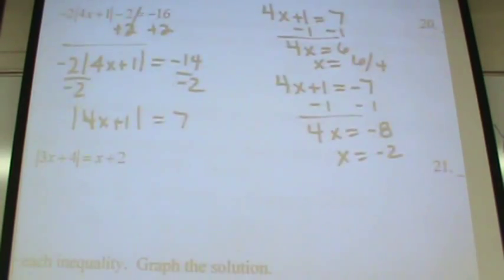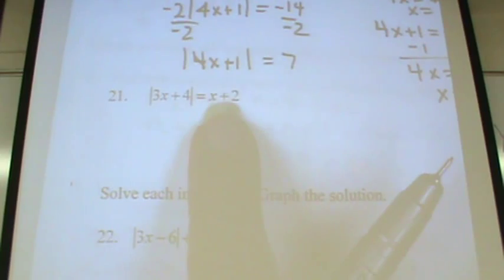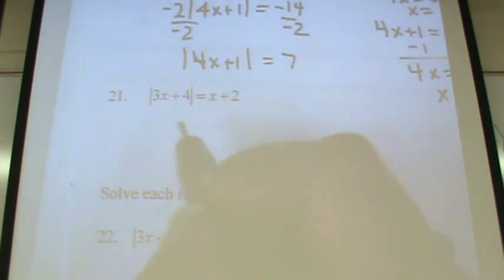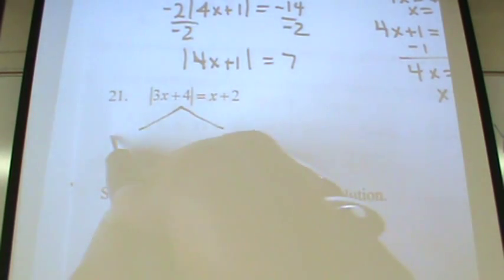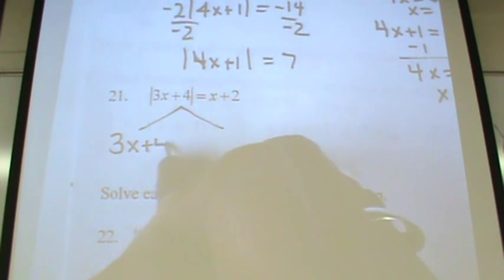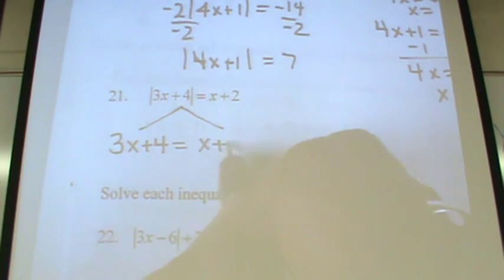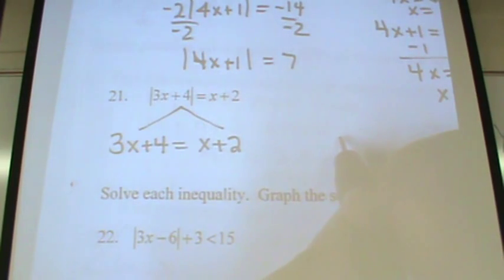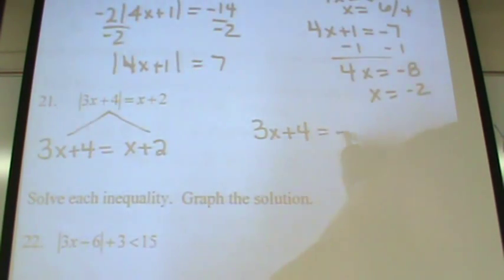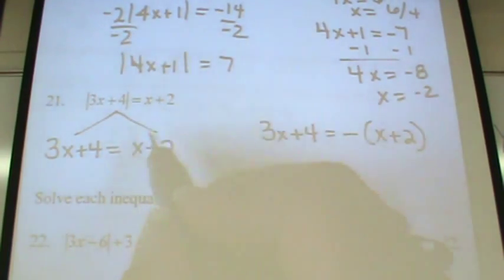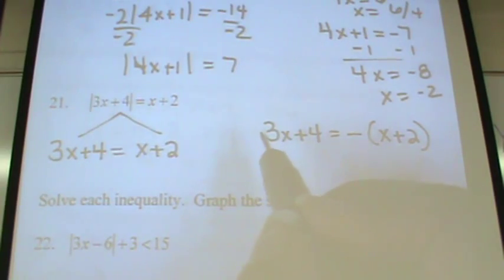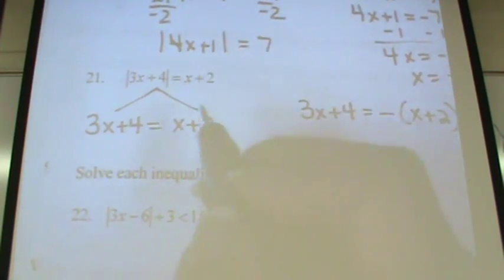So 21, this is the one where we have a variable on the other side. So when you do this one, you've got 3x plus 4 equals x plus 2. And you've got to do 3x plus 4 equals negative x plus 2. This is one where you're going to have to check both answers to see that you might have an extraneous solution. So let's try.